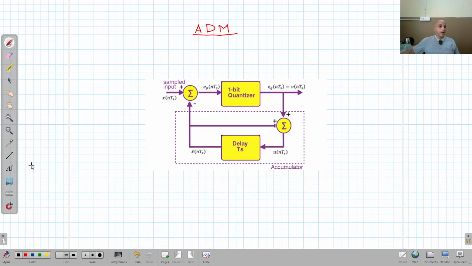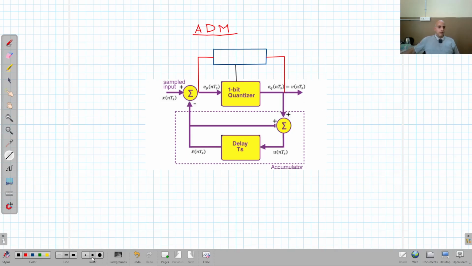So I will add the logic circuit here, this one, and similarly this one.